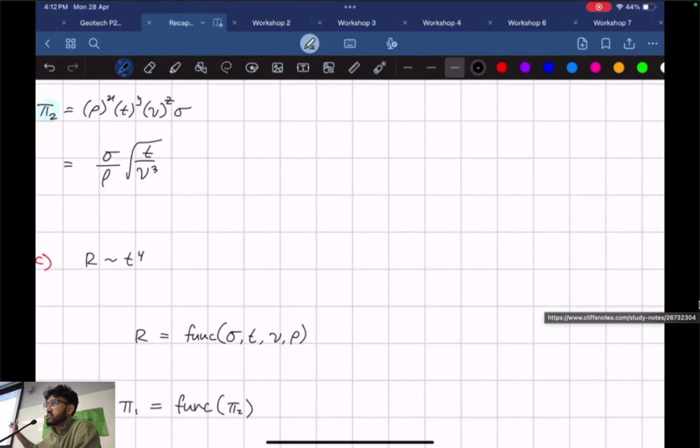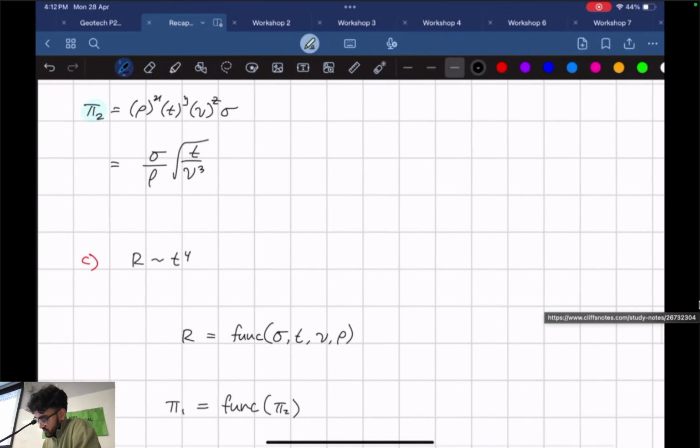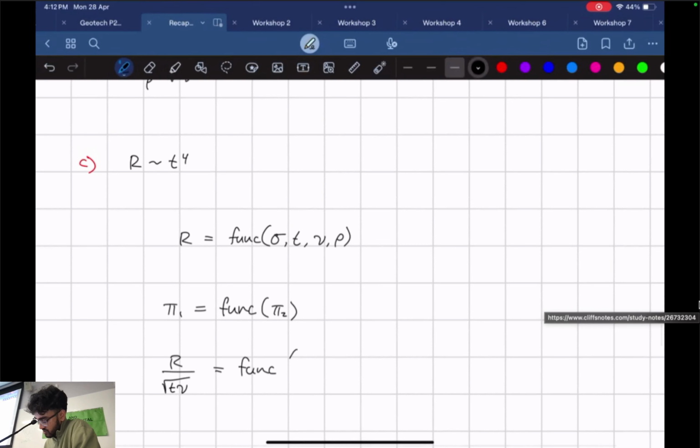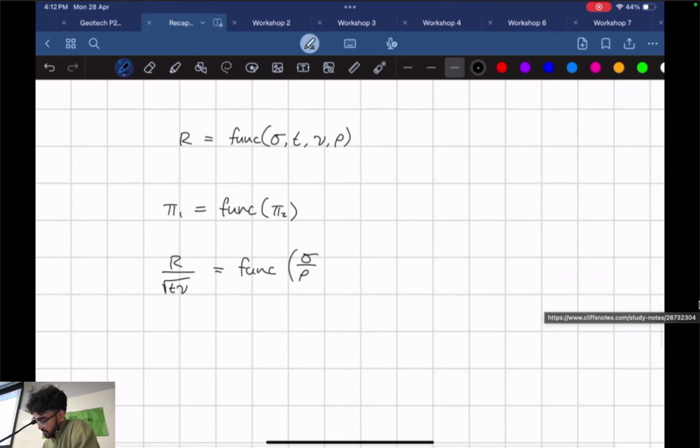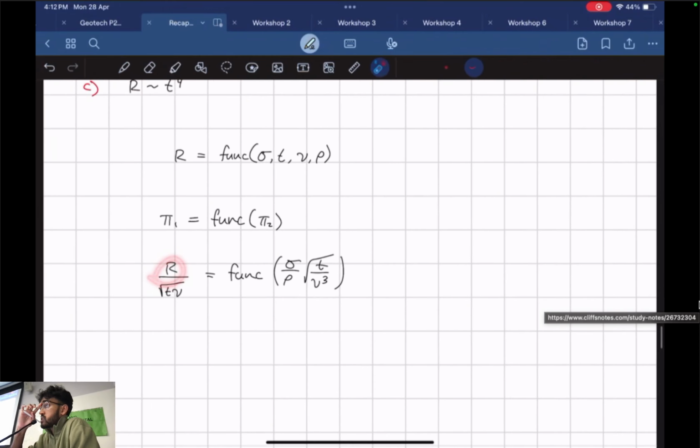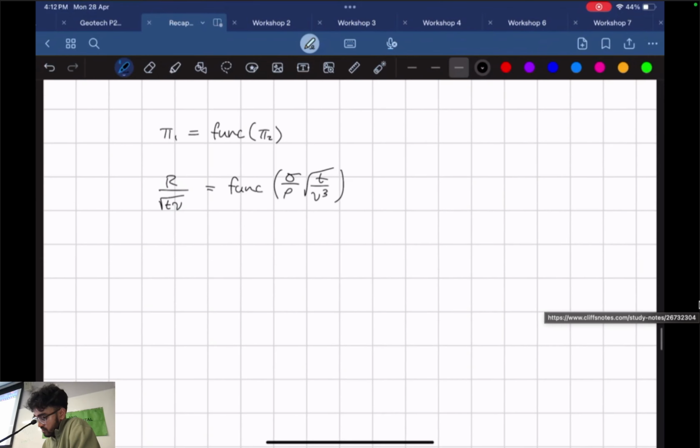So yeah, I figured this out in my head. So this is going to be a function of... They've told us that this varies with t to the power of 4, so I'm going to rearrange for r.